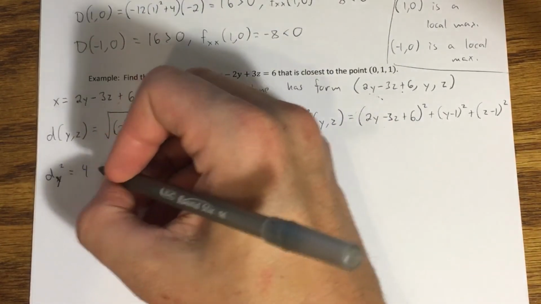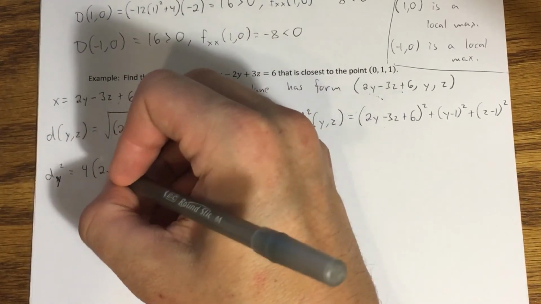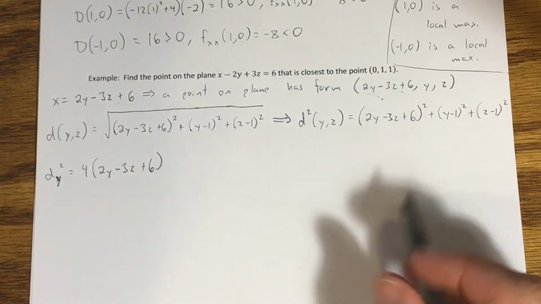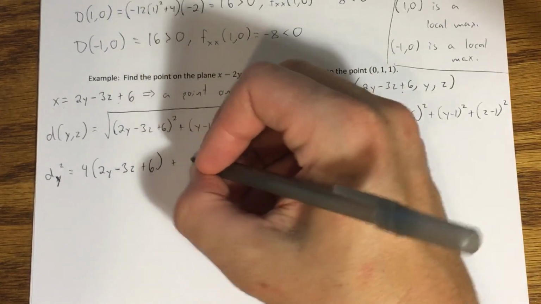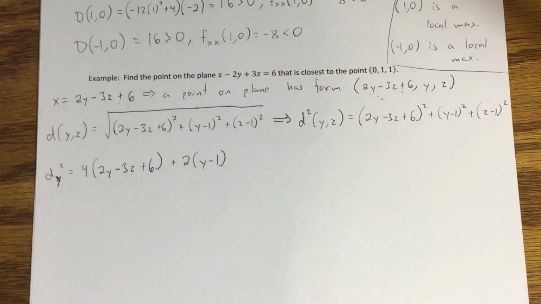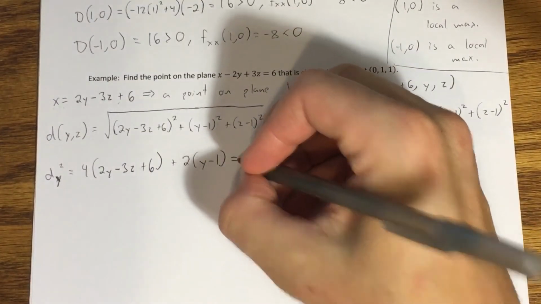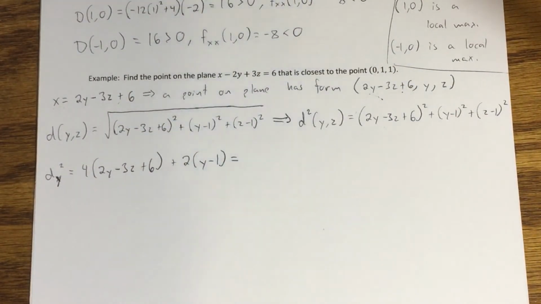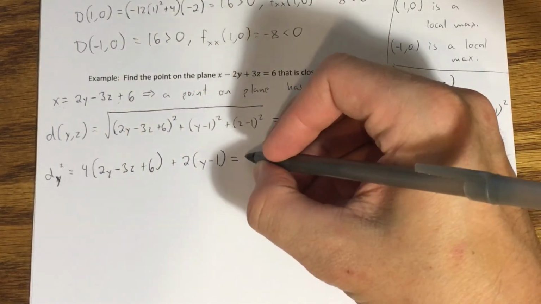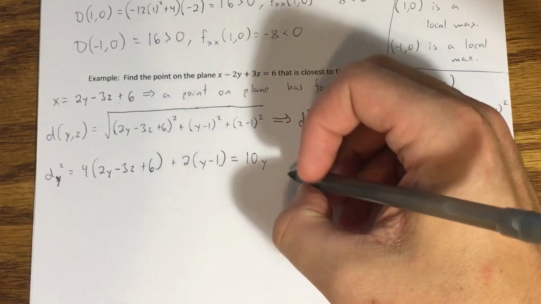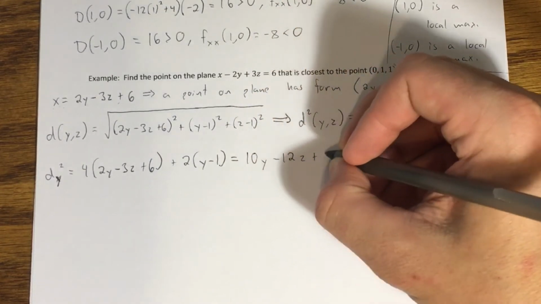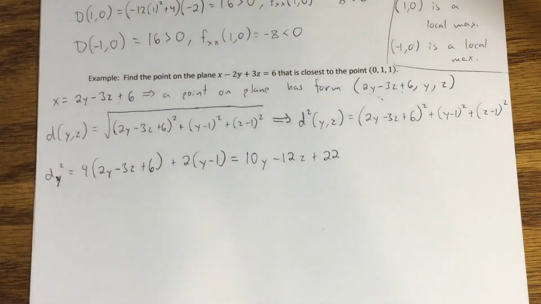That's going to look like 4 times 2y minus 3z plus 6, and then plus 2 times y minus 1, and then that term's going to go away. This is equal to, when we simplify things down, after doing some distributive and combining like terms, 10y minus 12z plus 22. Okay?